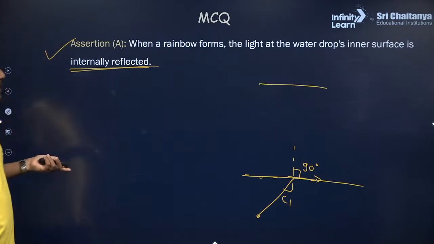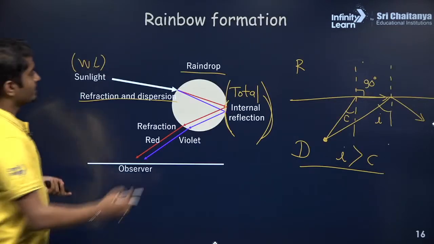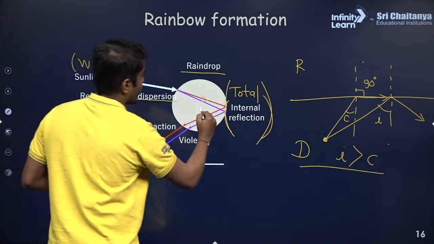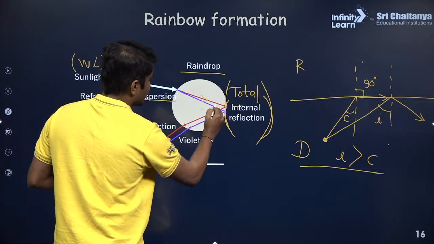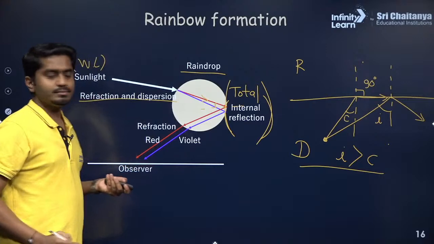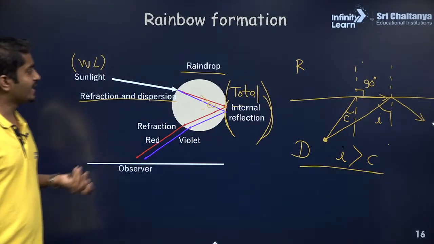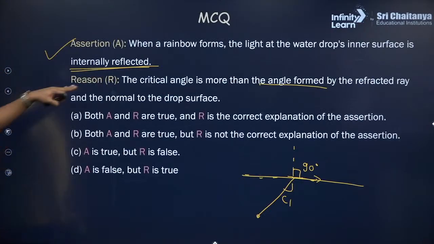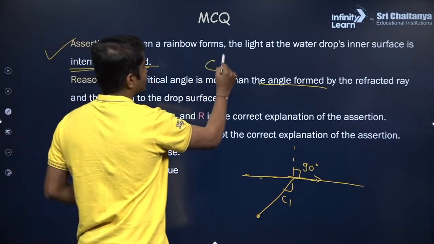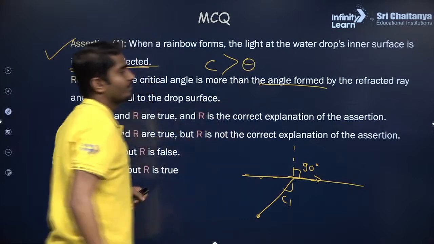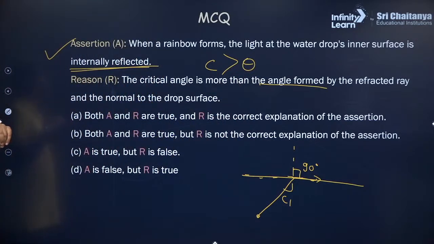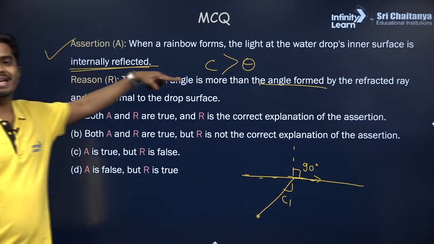So which one is the refracted ray? This one is the refracted ray and this is the normal. So this is the angle. Let's suppose this angle is theta. So what is it saying? Critical angle is more than this angle theta. Is this correct? No, this is not correct.